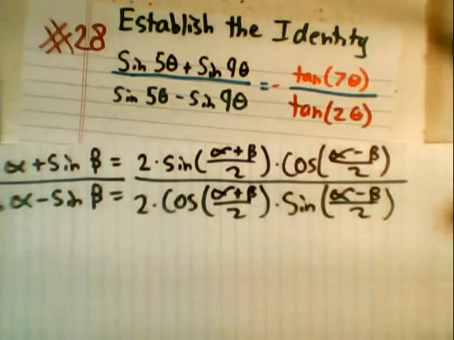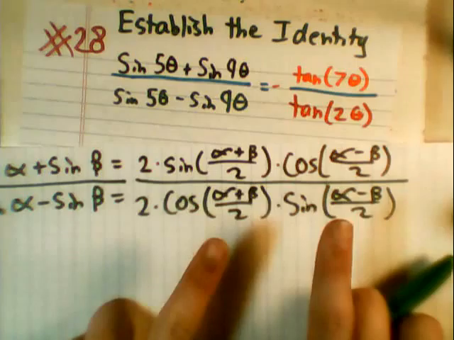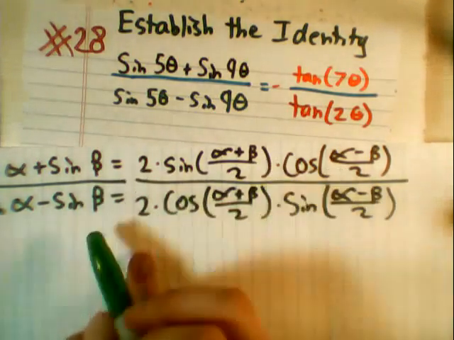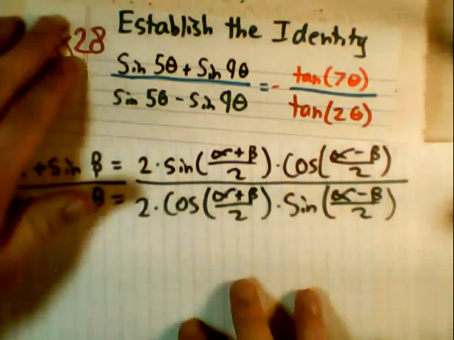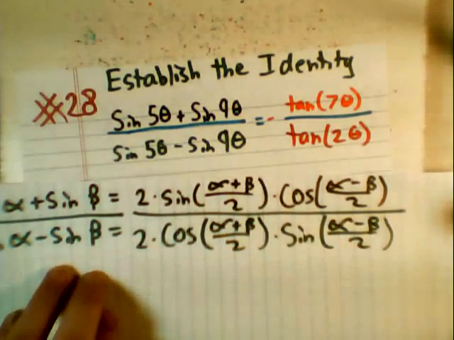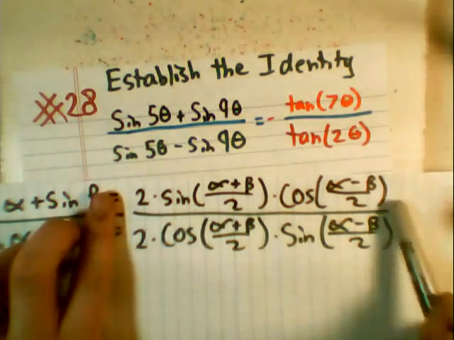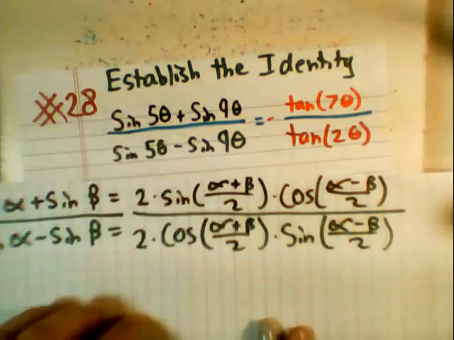So knowing the top identity and the bottom identity, we can basically just plug into these equations and convert it into this form, and then from there we can go about converting it to look like that.